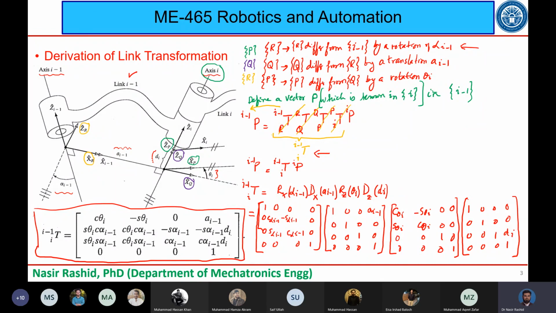So ये जो मैंने एक रेड बॉक्स के अंदर आपको एक मैट्रिक्स दिखाया है, this is actually a link transformation, जो हम किसी भी दो लिंक्स के दरमियान डीएच टेबल को यूज करते हुए बनाएंगे. जी, यहां पर कोई सवाल? अगर यहां पर कोई सवाल नहीं है तो अब जो हमने लिंक ट्रांसफॉर्मेशन बनाई है, इसको हम आगे यूज करते हैं.